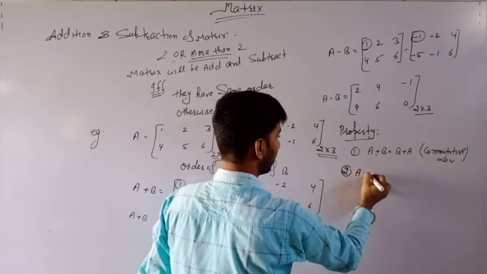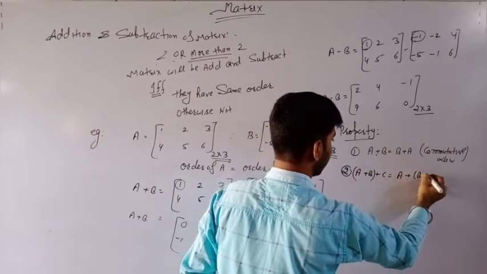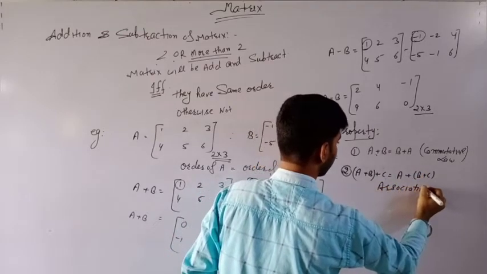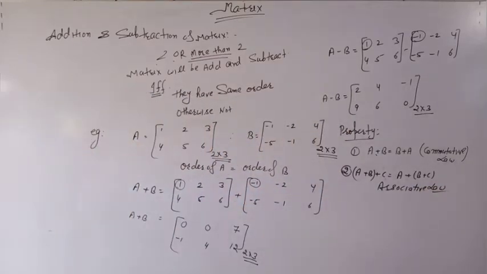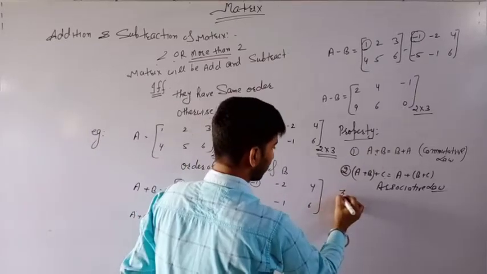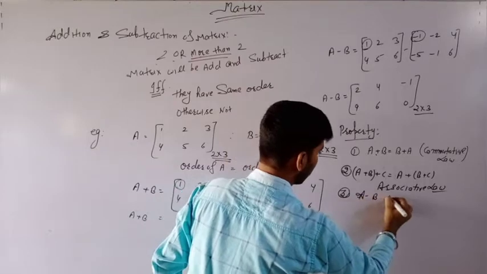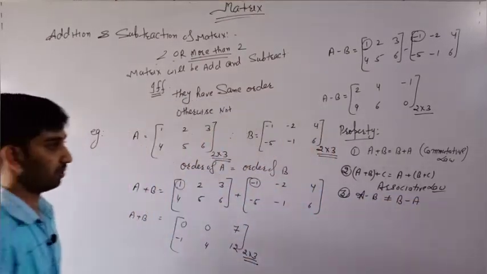Similarly, A plus B plus C is equal to A plus B plus C with any grouping, which is known as the associative law. We can also say that addition of matrix obeys the associative law. But A minus B is not equal to B minus A.